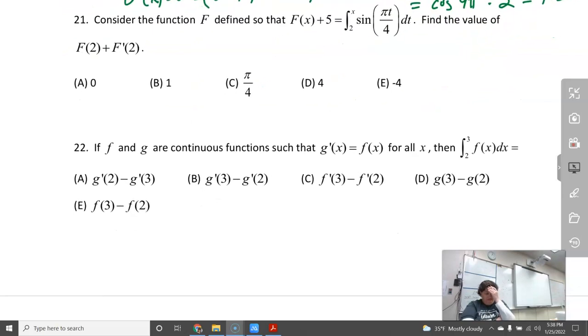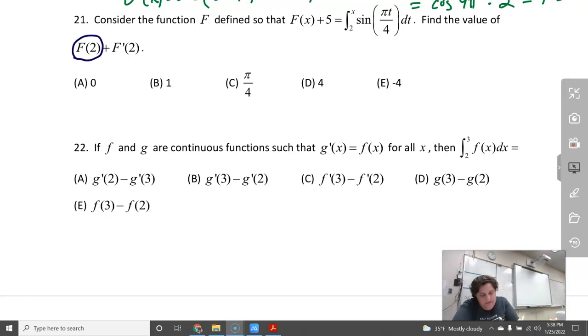Interesting. Consider the function f defined so that f of x plus 5 equals the integral from 2 to x of sine pi t over 4 dt. This looks like it's going to be really complicated, but it's actually kind of cool. Just think about your steps.